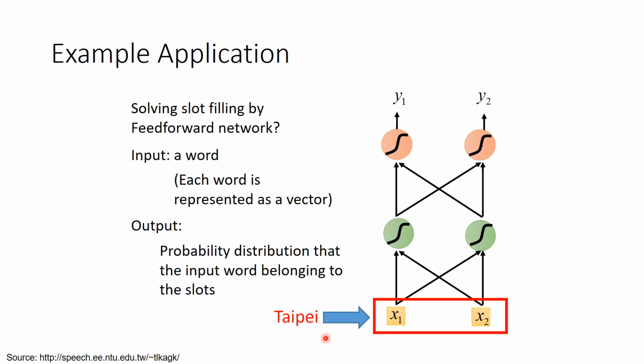That means the slot needs to correctly pick up the keywords like the destination Taipei and the time November 2nd, like this one. So here is the output. This is the destination, and maybe this is the time of arrival or time of departure and so on.